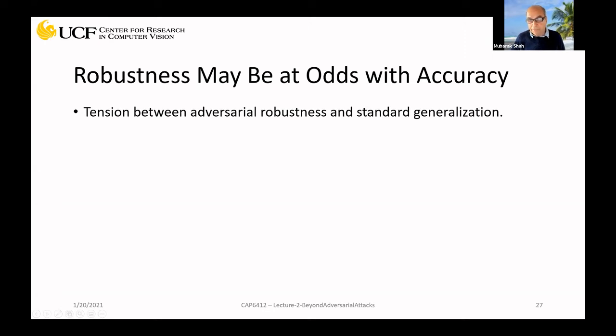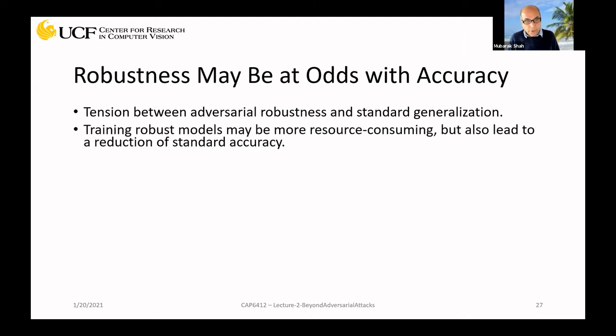That's why we are reducing the accuracy of the classifier due to the adversarial attack, and that was the problem as we discussed before.